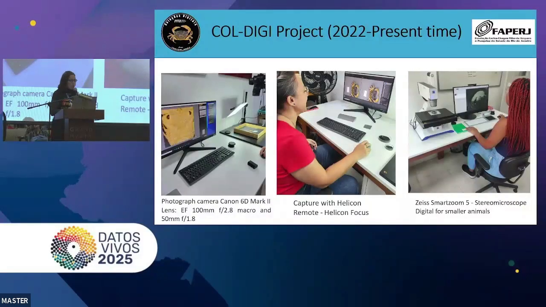By 2022, we got some financial support from FAPERJ, and we started the CoDigi project. And together with that, we raised the CoDigi lab. So here we got the professional camera, with the programs, and also equipment to take photos of smaller animals, so we can photograph both larger animals and smaller animals.